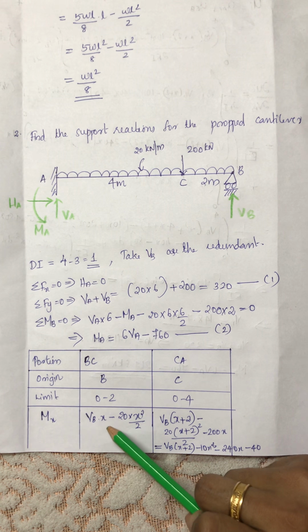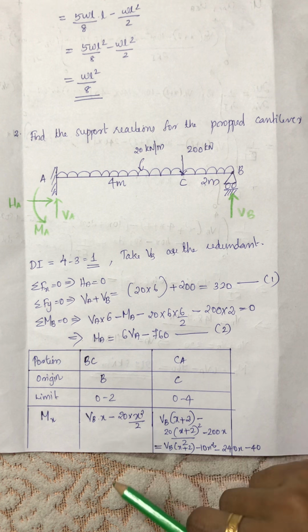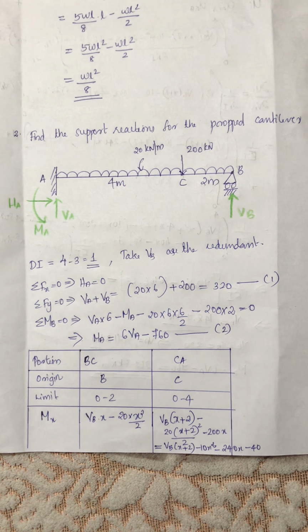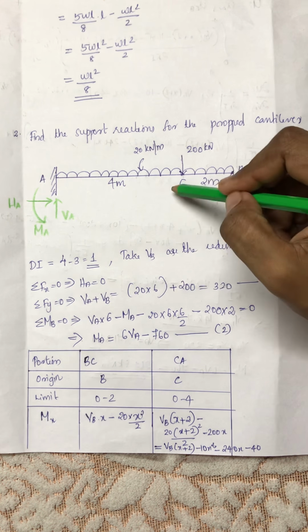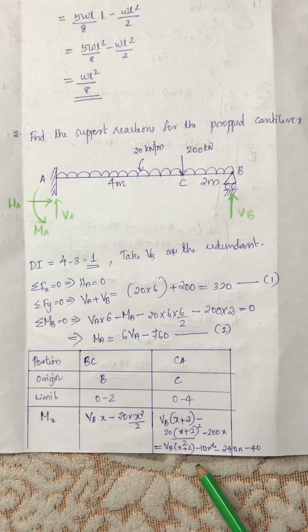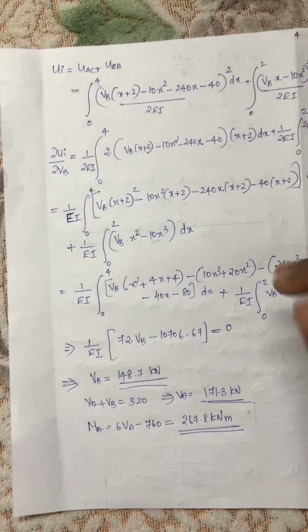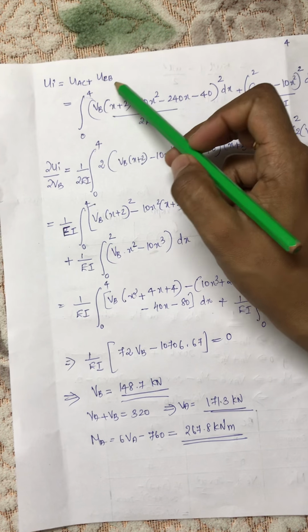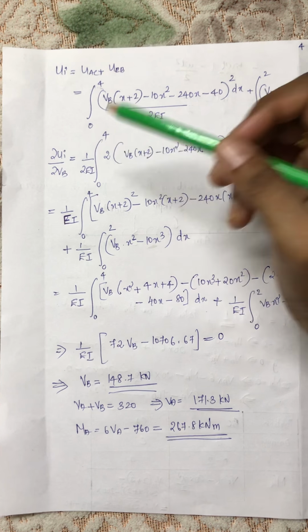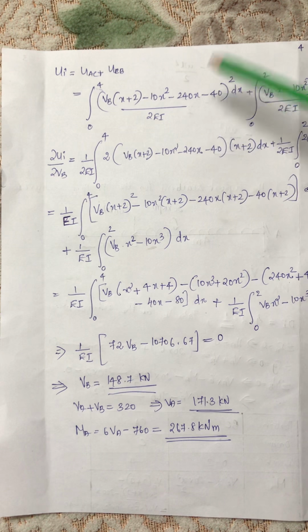That is (VB into h minus 10h square) the whole square divided by 2EI dx, plus integral 0 to 4 of (VB into (h plus 2) minus 10h square minus 240h minus 40) the whole square dx divided by 2EI. So we have to add it for the two spans. Okay, so we get the total UI as this equation.